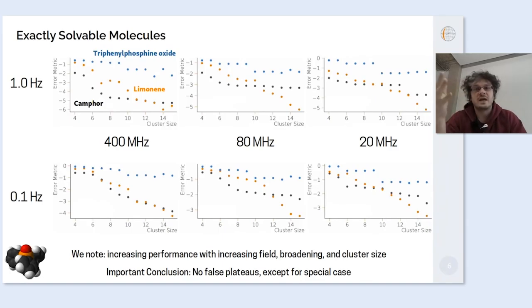And so what we're looking at here in these plots is the error of the approximation against the exact solution as a function of the cluster size in all of these 6 possible regimes. While we see this here for these 16 site molecules, the paper actually shows this for a couple more. Generally speaking, I would say we see pretty good behavior for both limonene and camphor, especially as we increase the frequency, the broadening, and the cluster size.